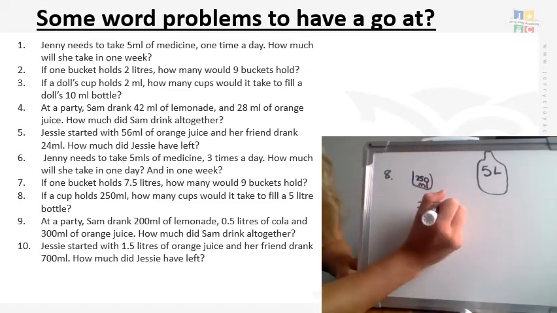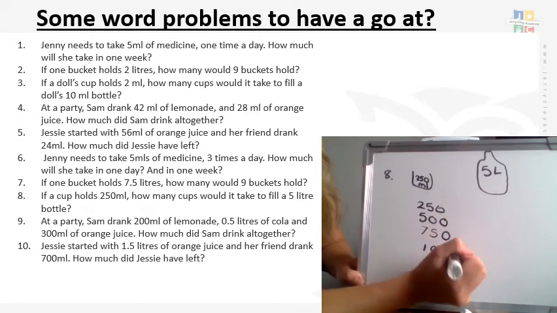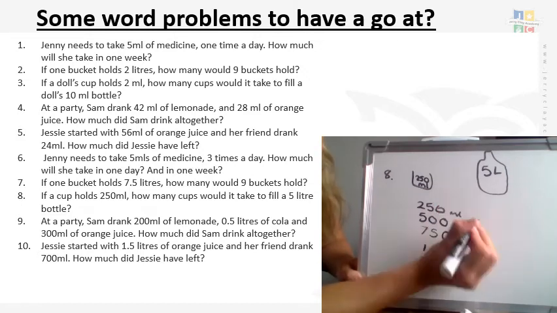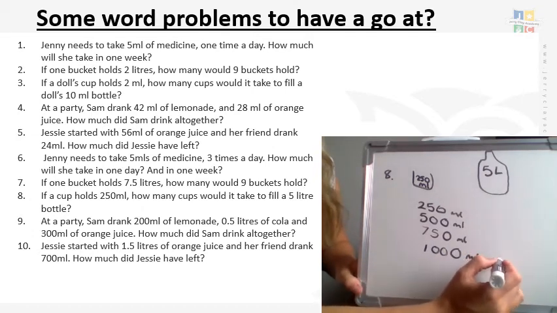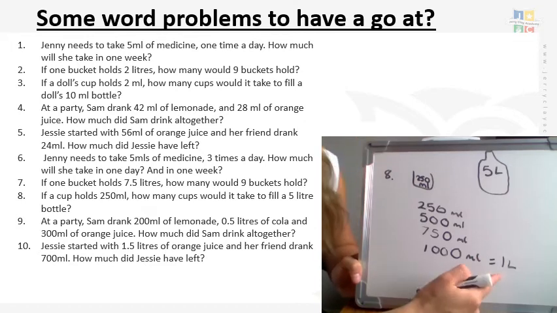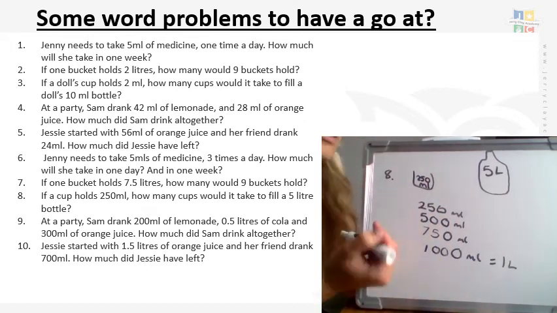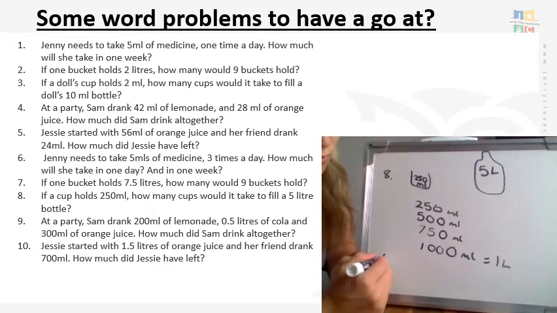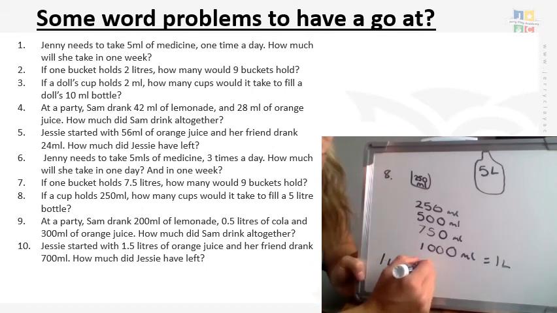Now if I put on my zeros on the end, and they are all millilitres, I can see that in 1 litre, because remember there are 1,000 millilitres in a litre, there are 4 lots of 250.